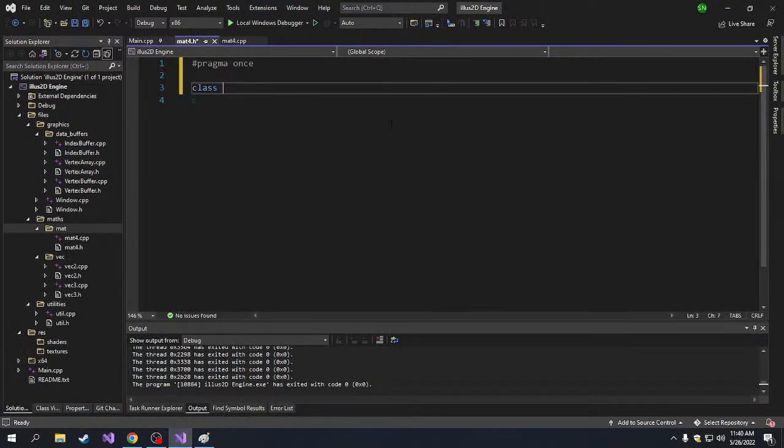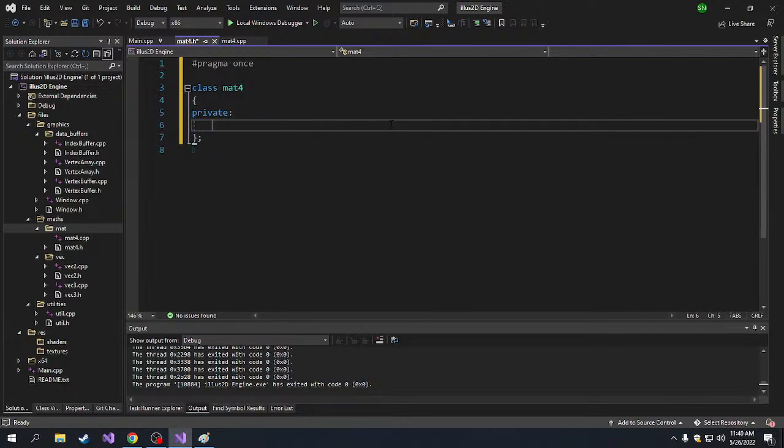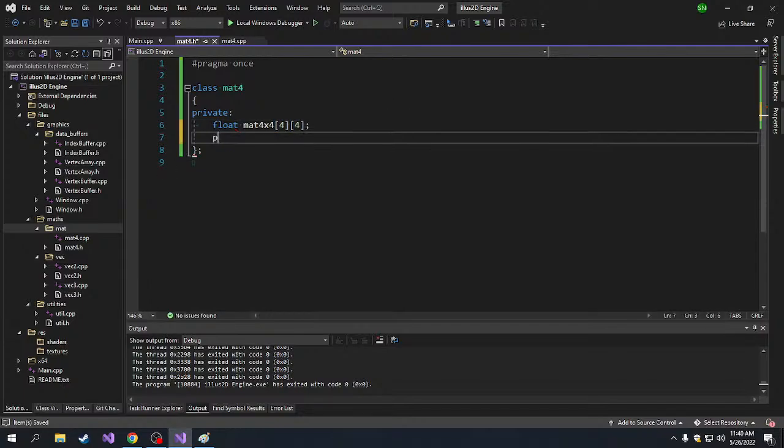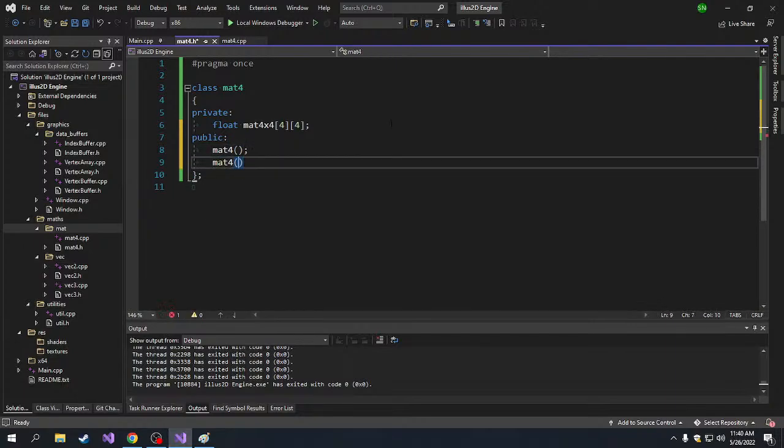All right, so let me write the class mat4. It's going to have a couple of private members. I will have an array of floats, a 4 by 4, four rows, four columns. Have a public constructor that takes nothing. Another constructor that's going to take a diagonal, the diagonal of the matrix.